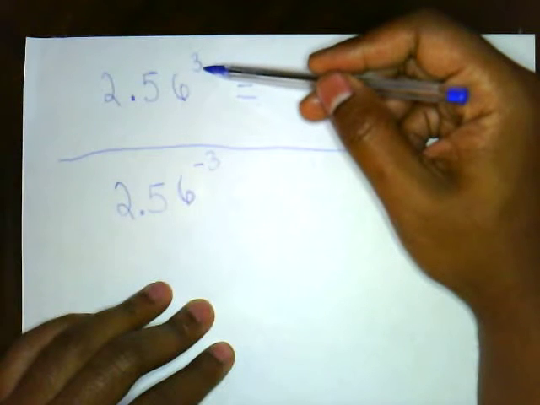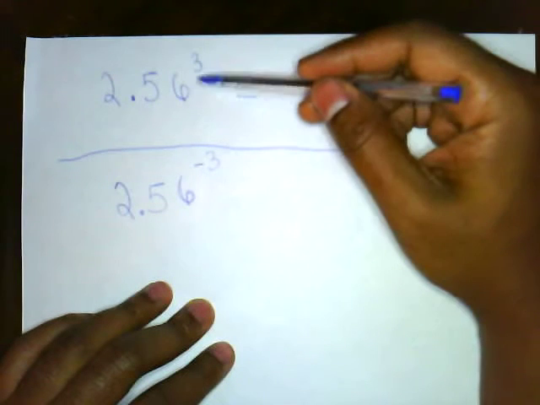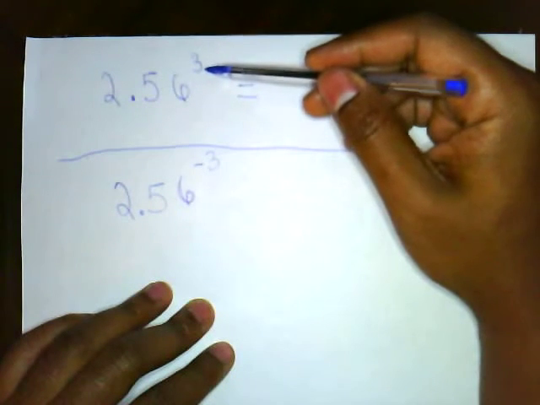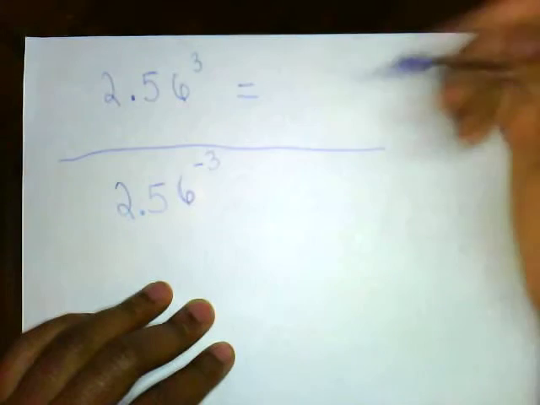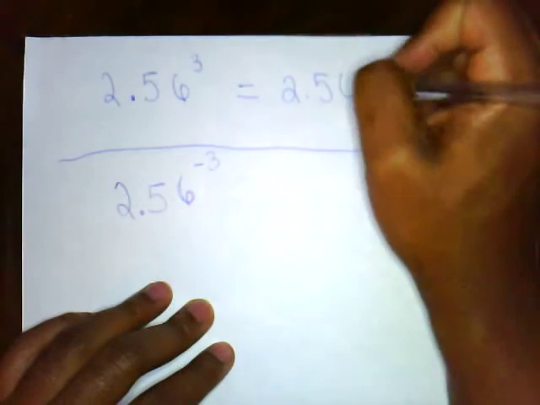Whenever your exponent is positive, that means you move to the right. So, in this particular problem, 2.56 to the third power indicates that we're going to the right 3 spaces. So we're going to rewrite 2.56.